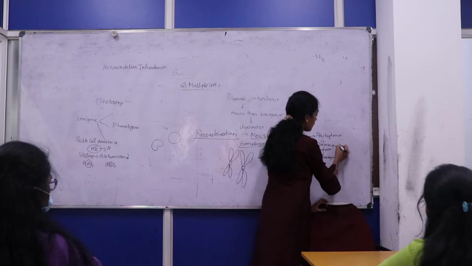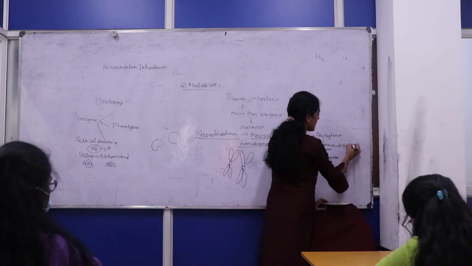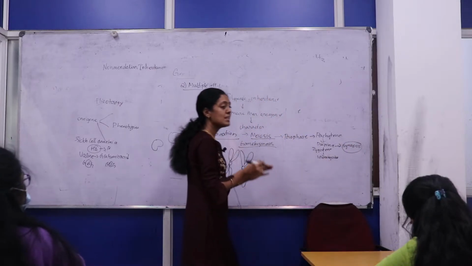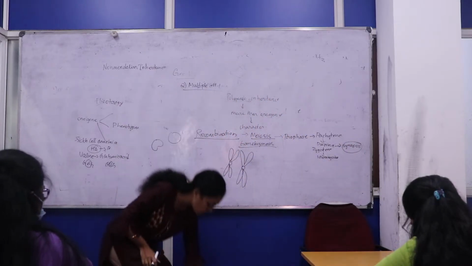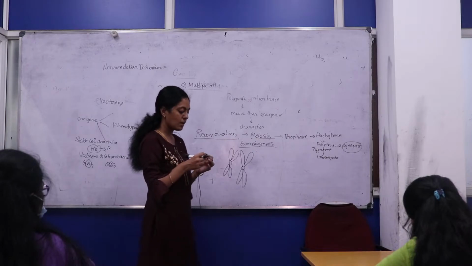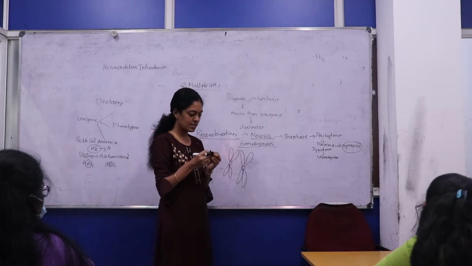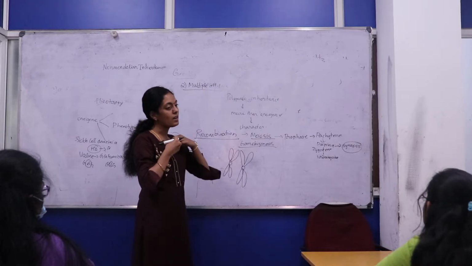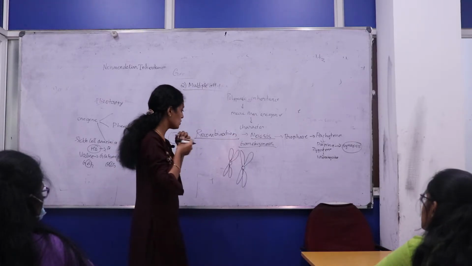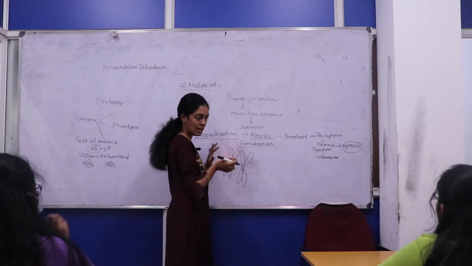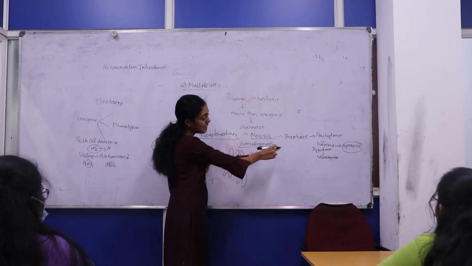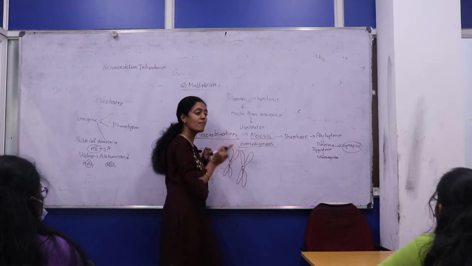And this synapsis happens with the help of a complex called synaptonemal complex. It is a complex protein which is helpful for pairing of homologous chromosome. So first you will have synapsis happening, then you will have crossing over.